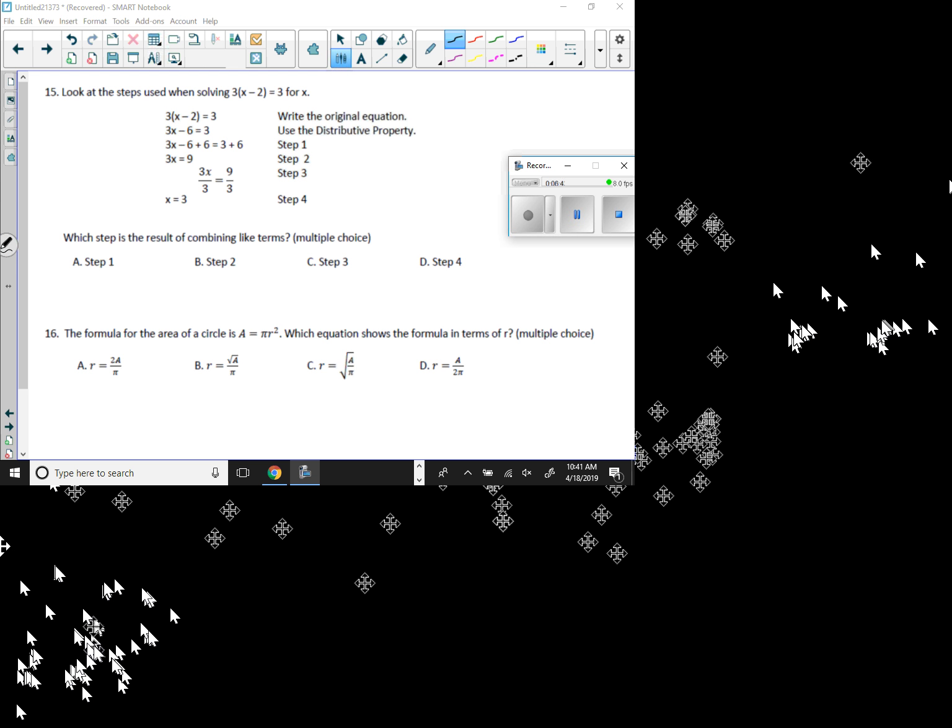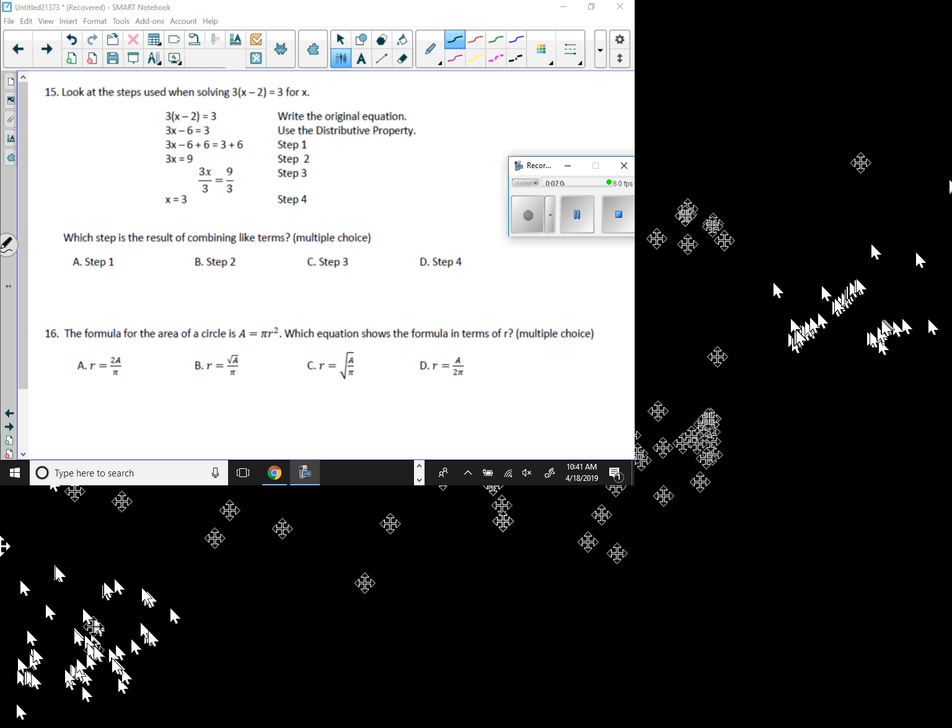All right, so look at number 15. It says, look at the steps when solving 3 times x minus 2 equals 3 for x. All right, so we had write the original equation, use the distributive property.